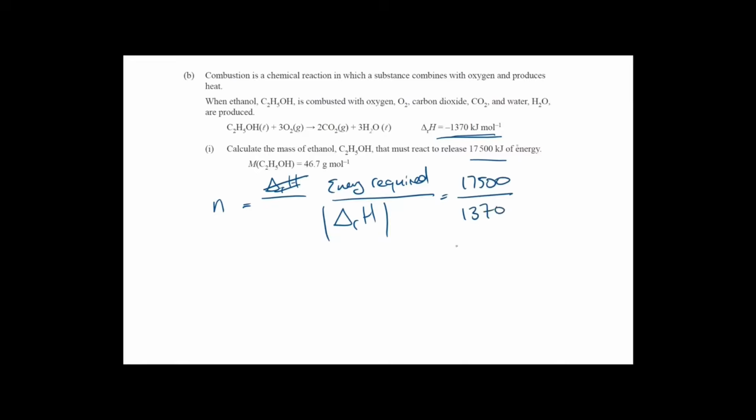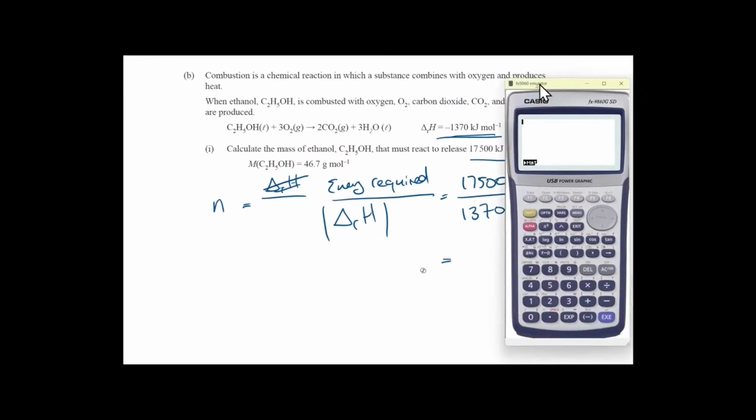So it's going to be the energy required, the energy that we need, divided by the change in enthalpy of the reaction. I guess you could say that we would take the absolute value of that. So that's going to be 17,500 divided by 1,370. The negative bit just means it releases it.